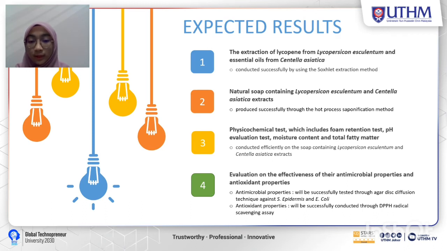For antimicrobial properties, it is expected to be successfully tested through the diffusion technique against S. epidermidis and E. coli, while antioxidant properties are expected to be successfully conducted through the DPPH scavenging assays.